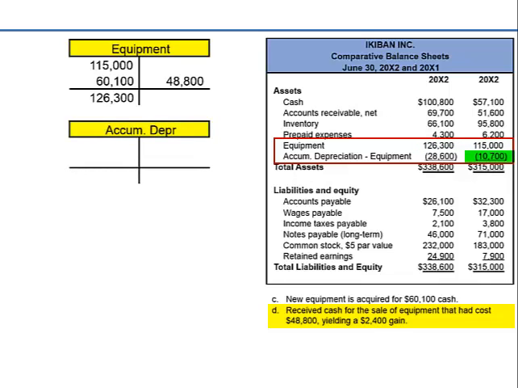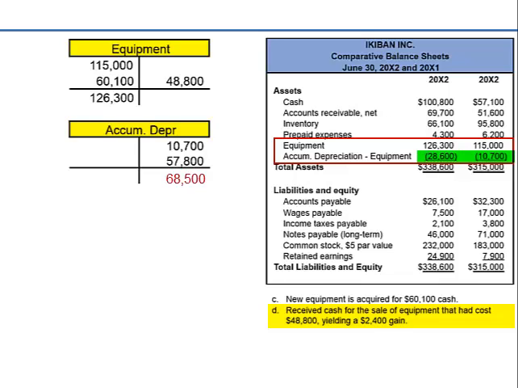The balance in accumulated depreciation at the beginning of the year was $10,700. Depreciation expense reported on the income statement was $57,800. Remember, the journal entry for depreciation is a debit to depreciation expense and a credit to accumulated depreciation. This brings the balance in accumulated depreciation up to $68,500.